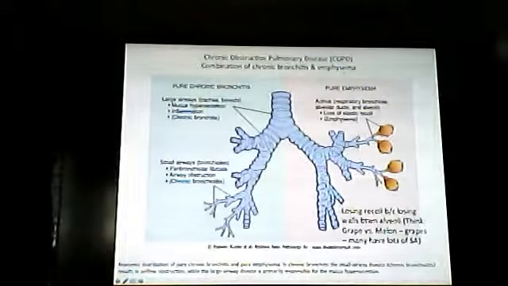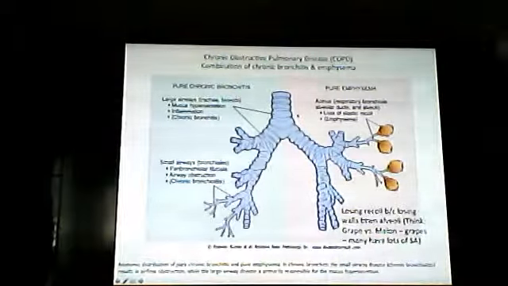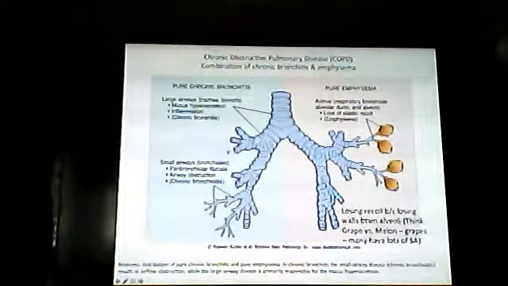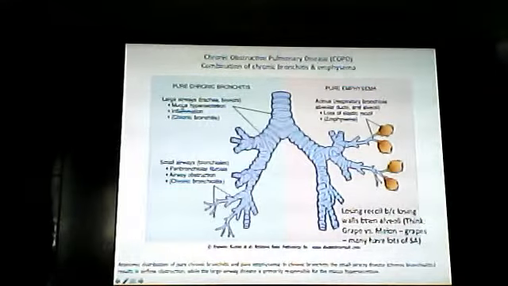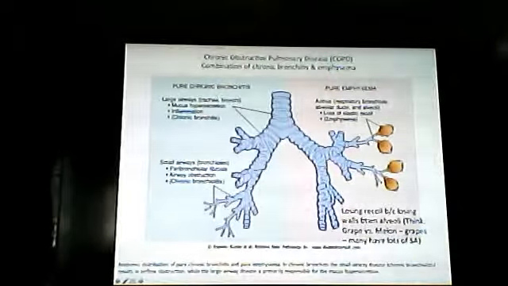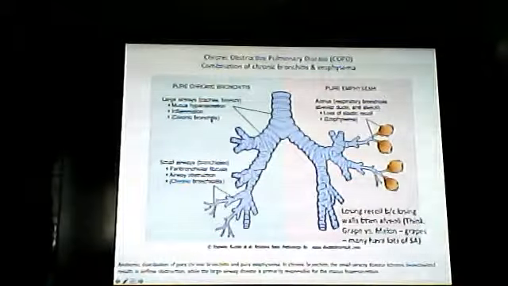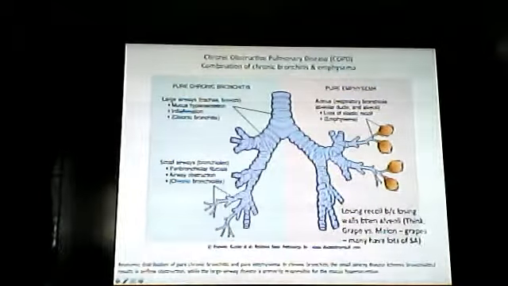But with COPD, which can be split into chronic bronchitis versus emphysema, with chronic bronchitis you've got a problem with mucus hypersecretion. In asthma, you get a lot of mucus as a result of the inflammatory response, but here you get mucus secretion because of a different kind of immune response.